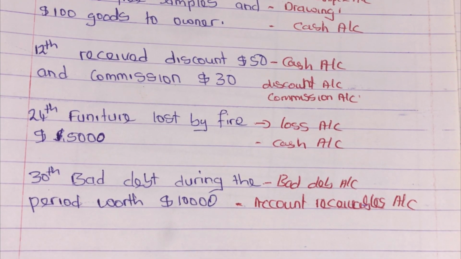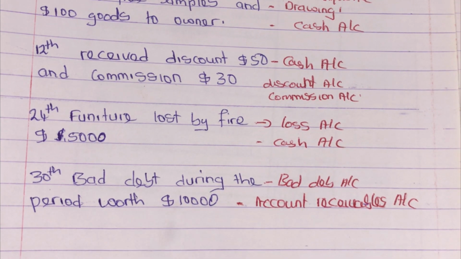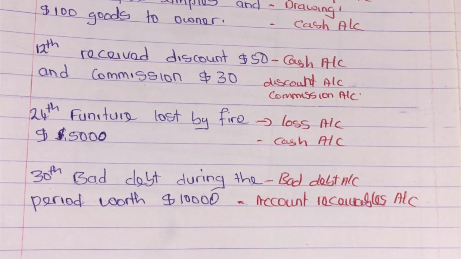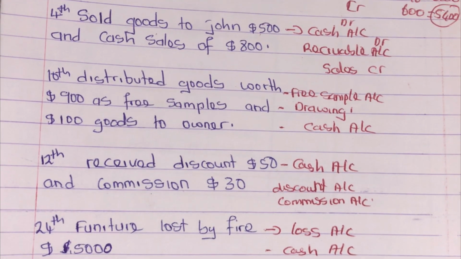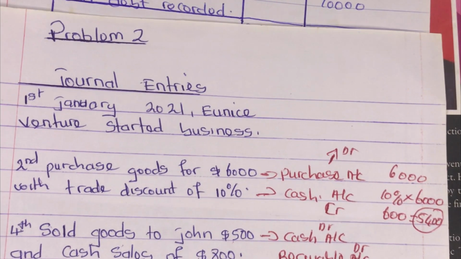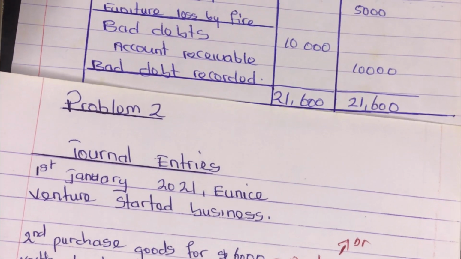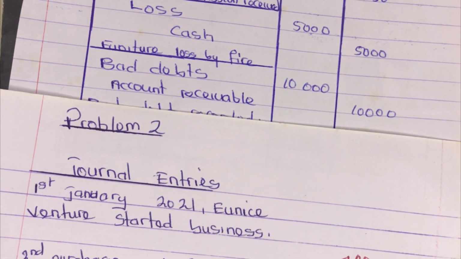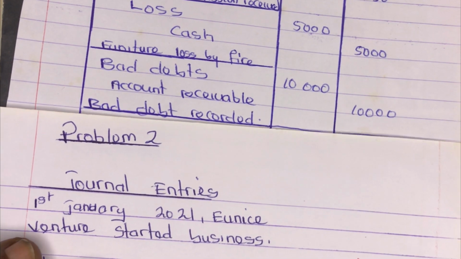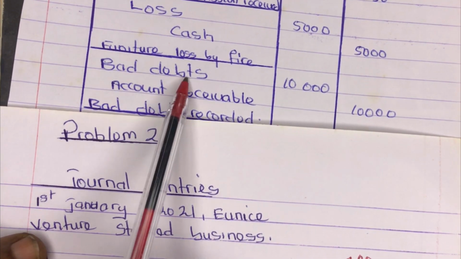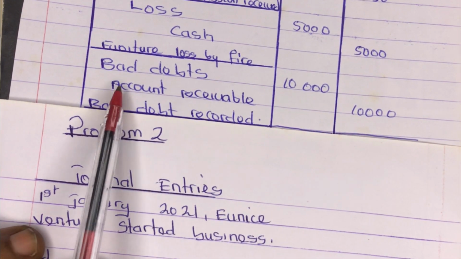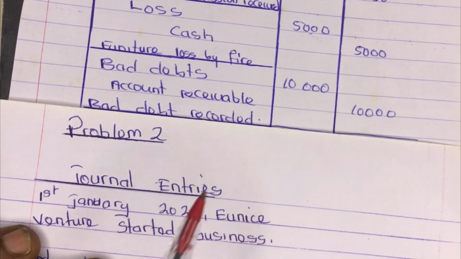So those are the two accounts that are affected by this transaction: the bad debt account and the receivable account. So this is the transaction. We have the bad debt account 10,000 and the account receivable 10,000.